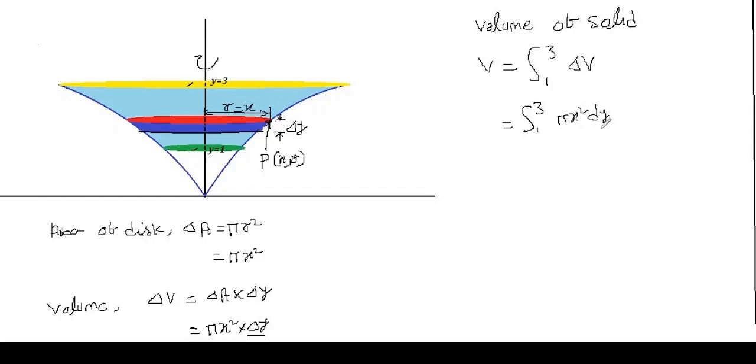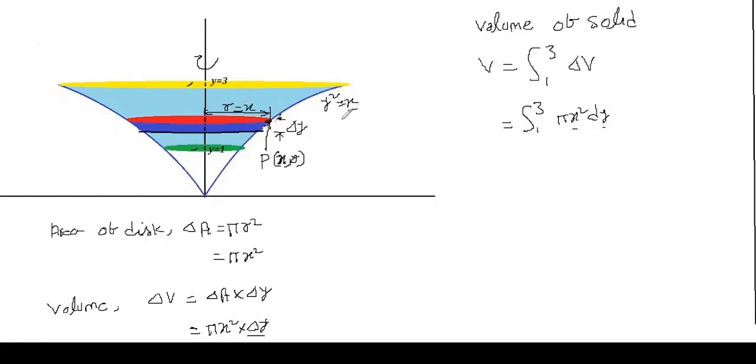Here you can see the variable of the integral is y, whereas the other variable in the integrand is x. So to integrate it, we need to convert the x into y first. And you can convert, as (x, y) represents this point P, so it is also lying on this curve, where we have y squared equals x.